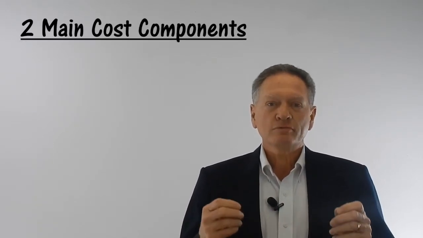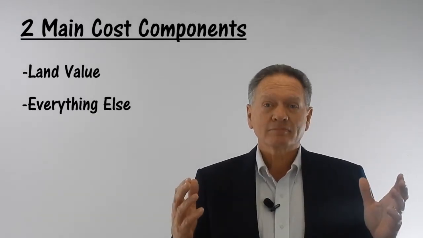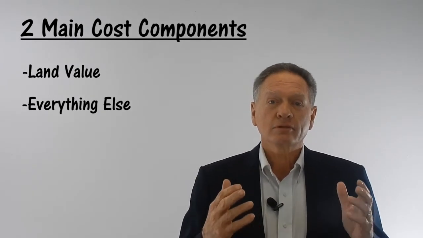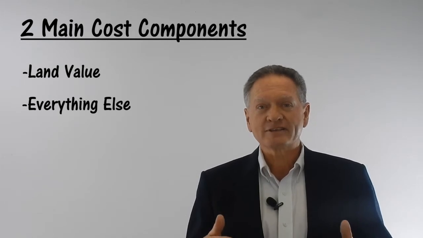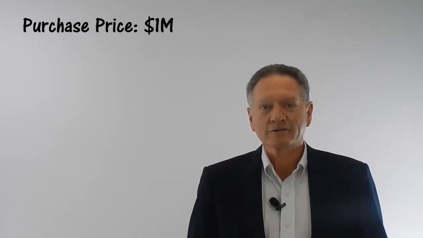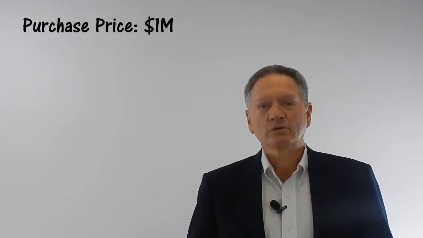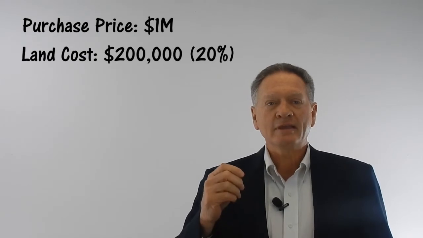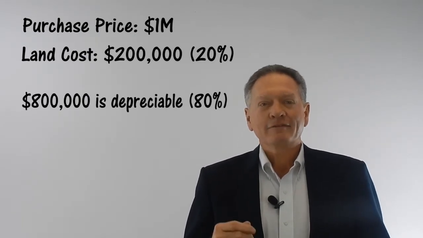So, initially when you purchase an apartment, it's going to be split into two main cost components, the land value and everything else. And that all goes to the real property value, which is the component that's depreciated over 27.5 years. Let's say you buy an apartment building for $1 million, and we will assume that 20% of the purchase price will go towards the land cost, which means we can depreciate 80% or $800,000 of the purchase price.